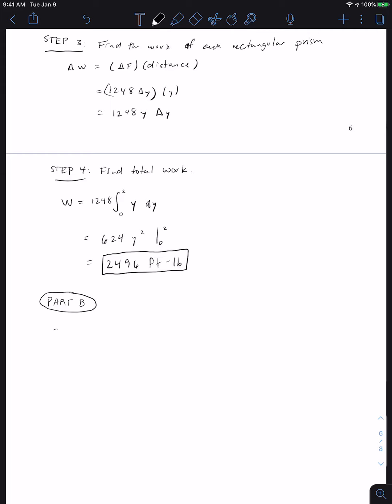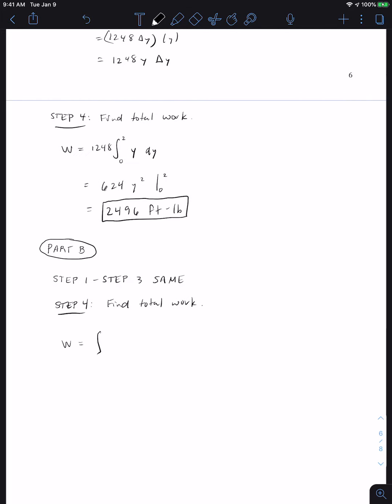Everything is still the same up until step 4 when I put those limits of integration on, because that's where the depth of the water that we're pushing out changes. So step 1 through step 3 are the same. But now step 4 is different. And it's different again because we're going to have to change those limits of integration because of how much water we're pumping out at the top. So again, this is find the total work.